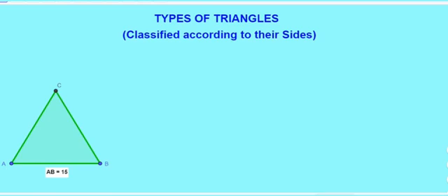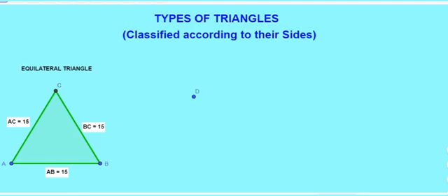First one, AB 15, AC is 15, BC is equal to 15. That means all sides are equal. If all sides of a triangle are equal, then we can call it an equilateral triangle.